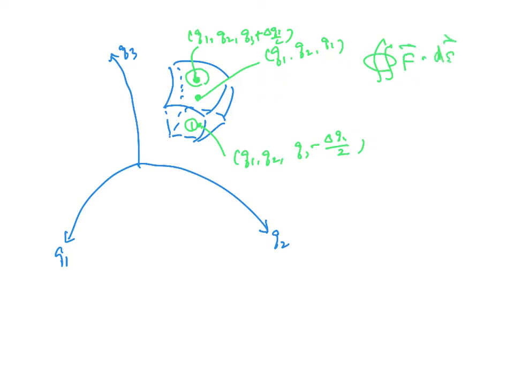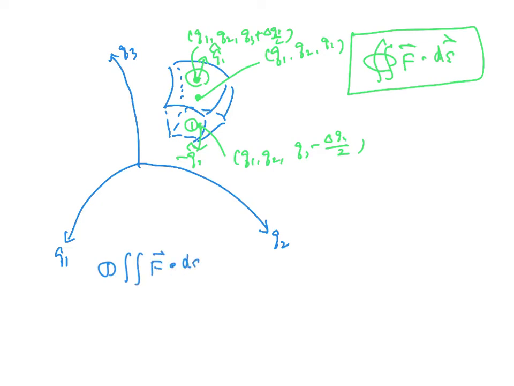So the surface normal direction is Q3. Here is minus Q3. So along this surface, dS is actually F Q3, H1, H2, DQ1, DQ2, right?